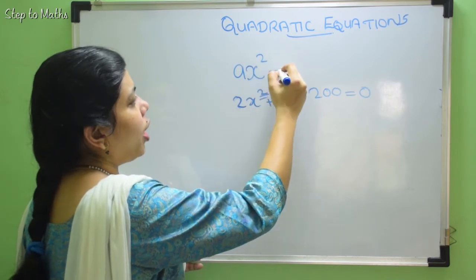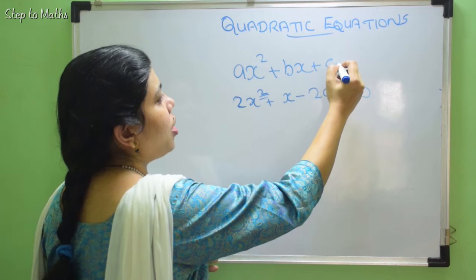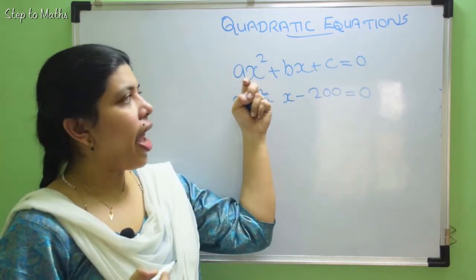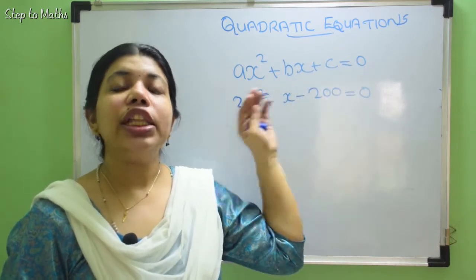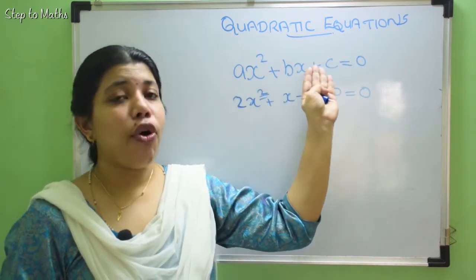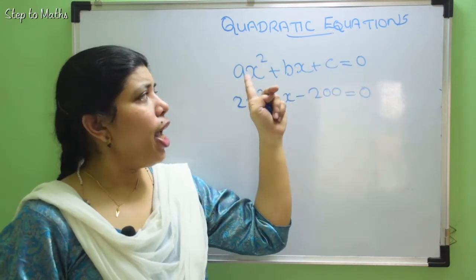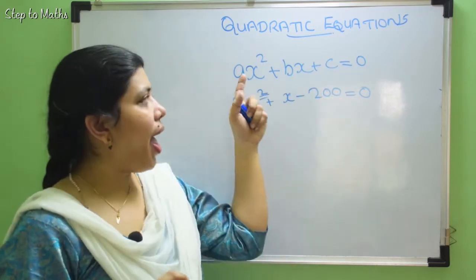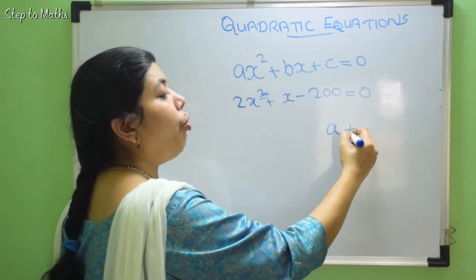ax square plus bx plus c is equal to 0. This is the general form of a quadratic equation. a, b, c are real numbers, and there is one more condition: a not equal to 0.